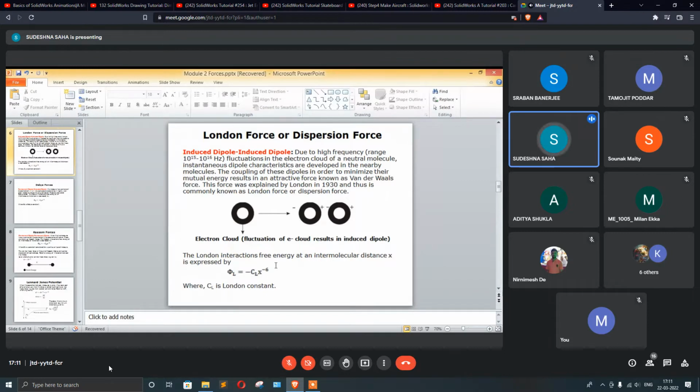This is why London forces are present even though no other forces are present in a particular molecule or surface. So sometimes this is also known as a universal force, because although there is no charge on the molecules, although those molecules might not be ionized, still there are London forces or dispersion forces present.